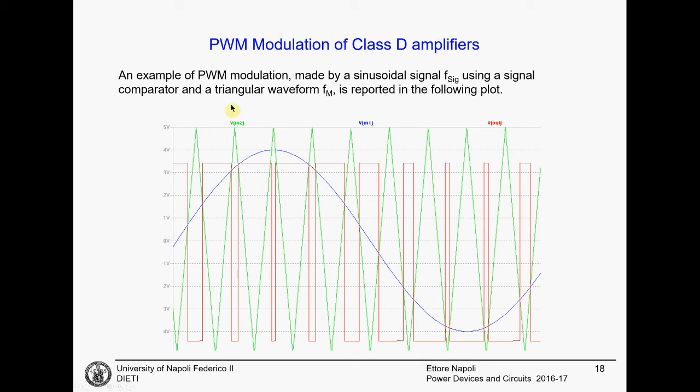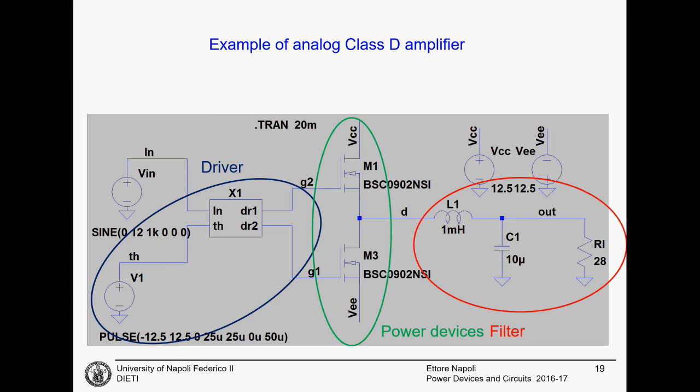We will name the signal as f-sig for signal, and fm will be the modulating waveform, the triangular waveform. From a circuital point of view, we can design a very basic class D amplifier as follows.